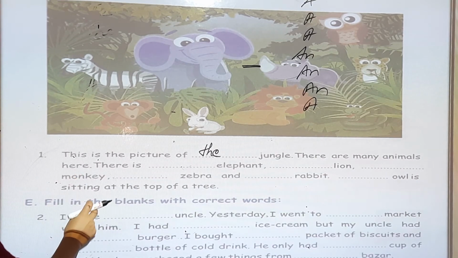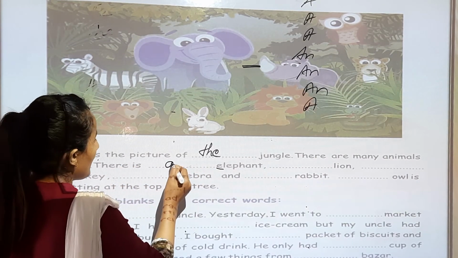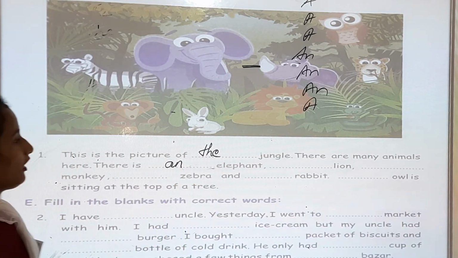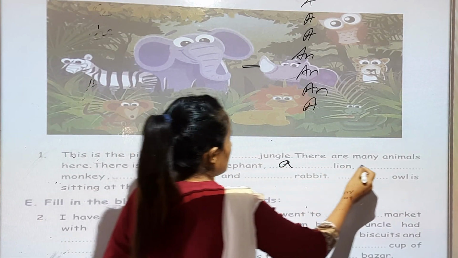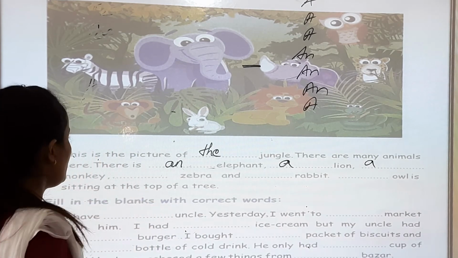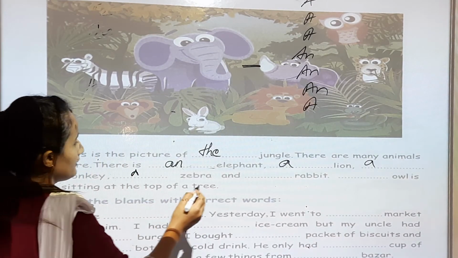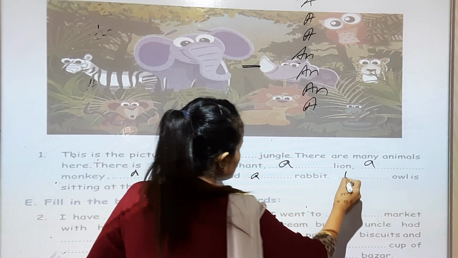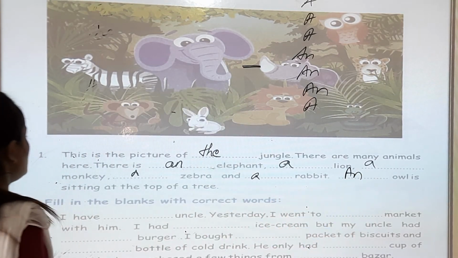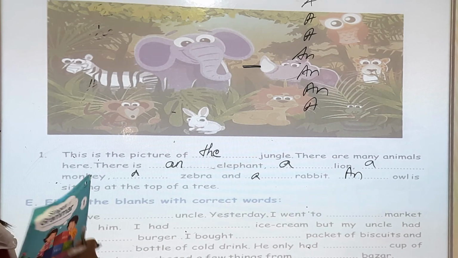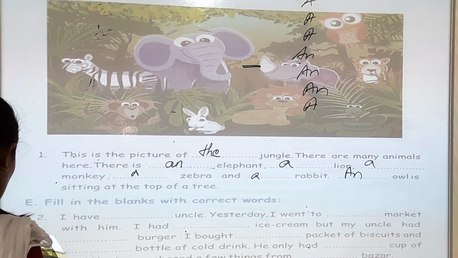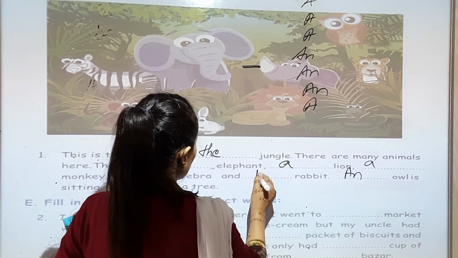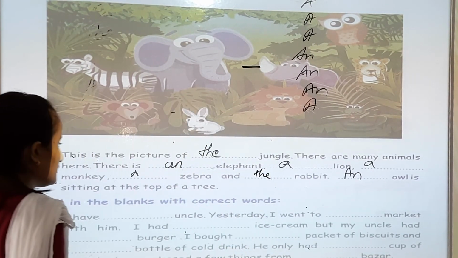There is an elephant, because of the vowel word. A lion, a monkey, a zebra and a rabbit. And all is sitting at the top of the tree. You can write the also, you can use the also, the rabbit.